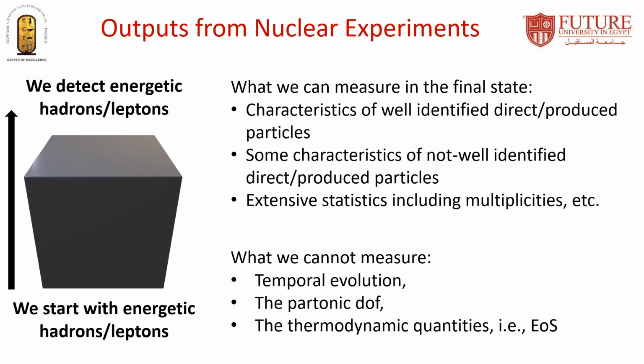What we can measure are the characteristics of well-identified direct or produced particles, the same for not well-identified produced particles and produced indirect particles, but also we are assuming extensive statistics.